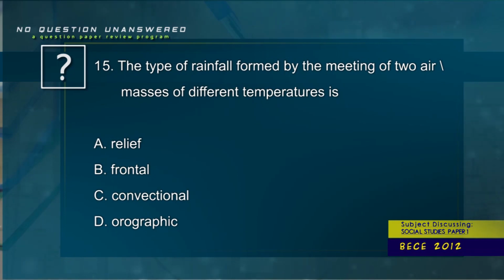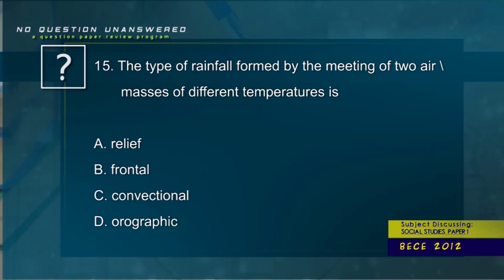And then the third one, convectional rainfall, occurs as a result of the sun. During the day, the sun hits the Earth's surface, and this causes water bodies to evaporate. This evaporation turns into water vapor. Water vapor rises into the upper atmosphere. It cools, condenses, forms cumulonimbus clouds.